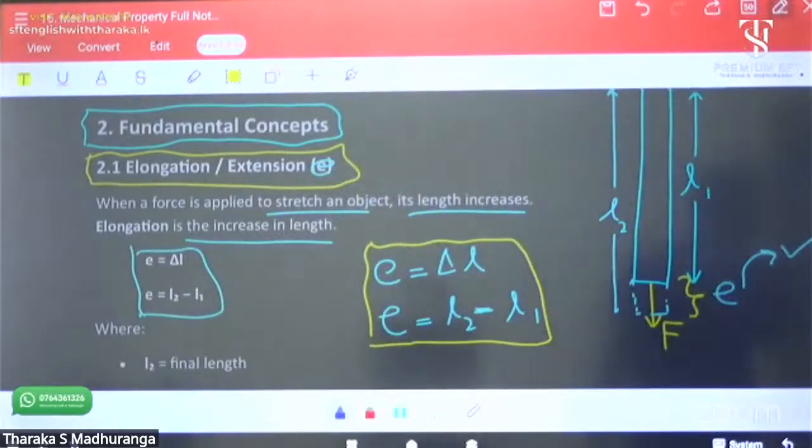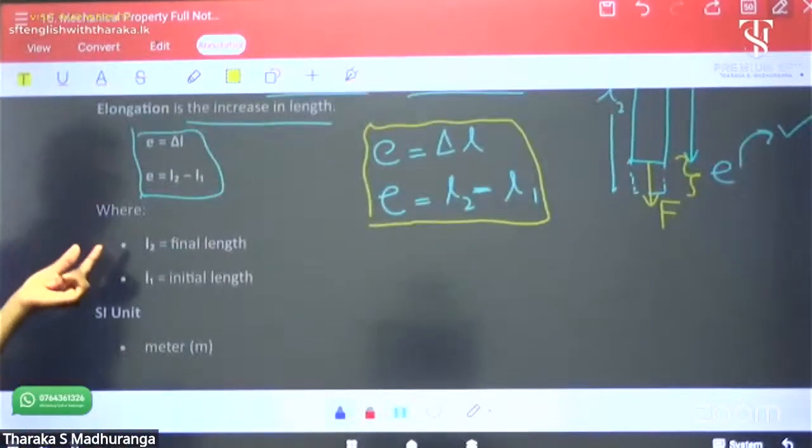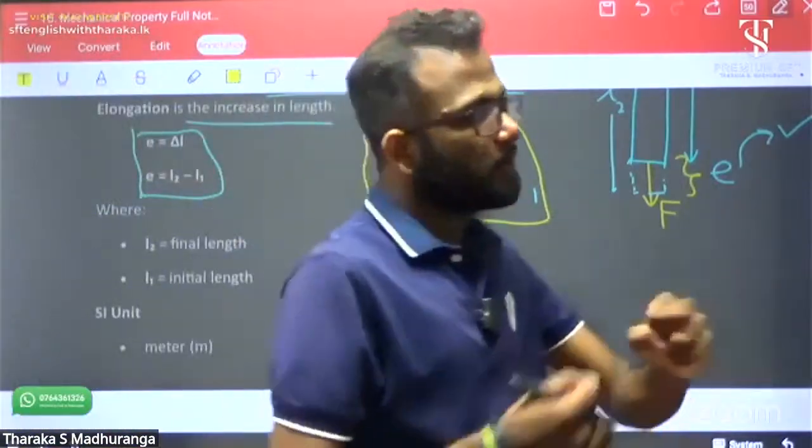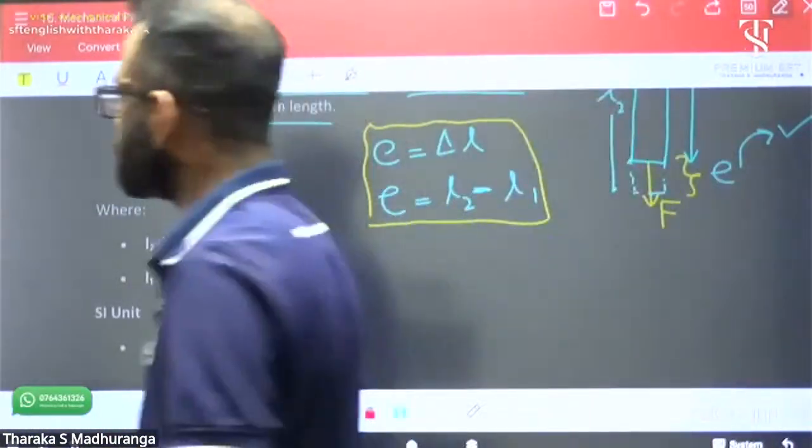Up to now, understood? Final length and initial length.